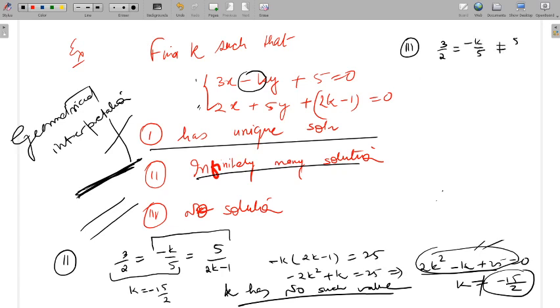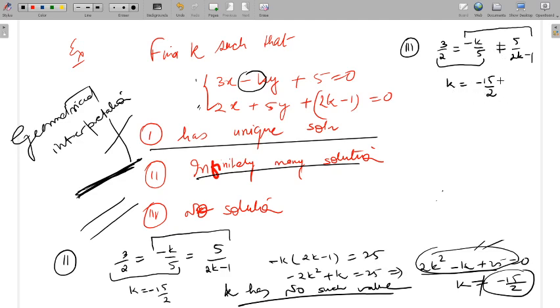This should not be equal to 5 upon (2k minus 1). So if you solve this, you get the value of k as minus 15 by 2, right? And if you solve here, you will get some value of k which should not be there. And that is definitely not equal to minus 15 by 2.